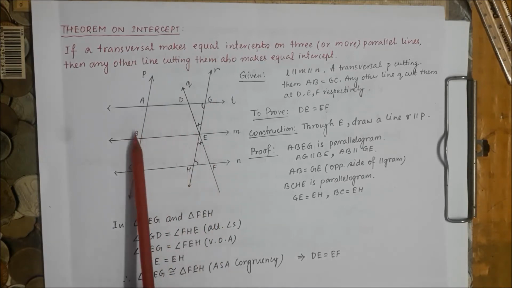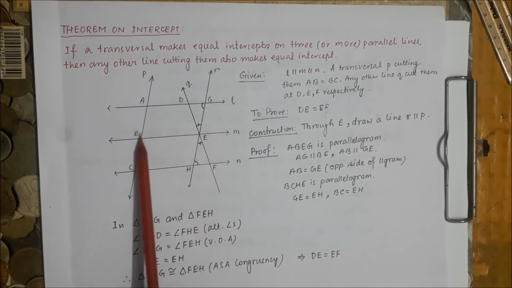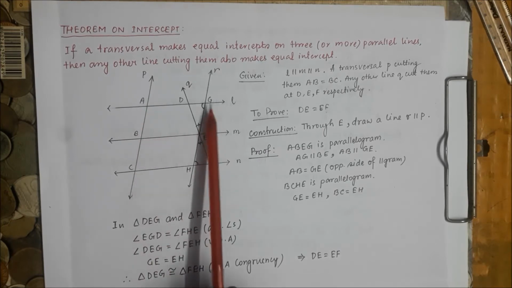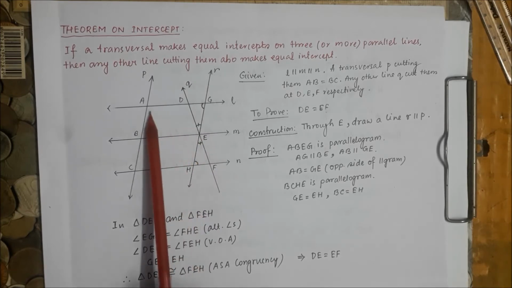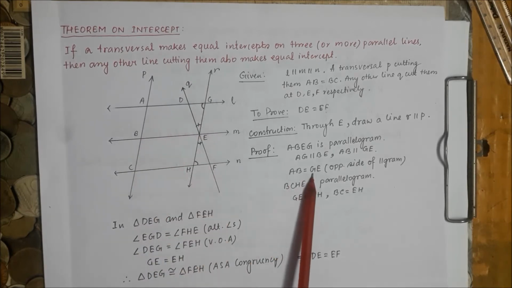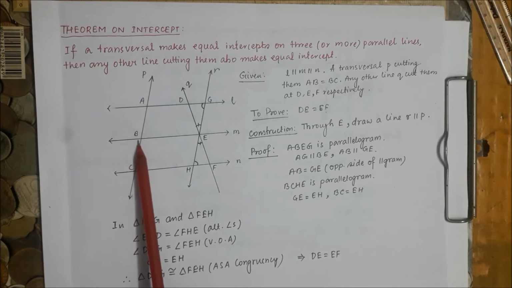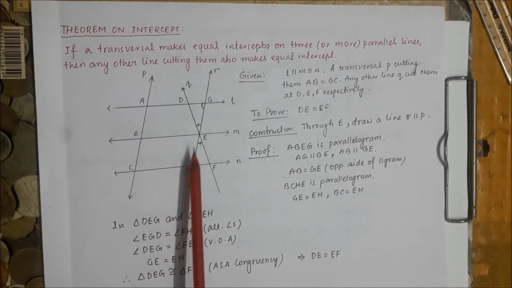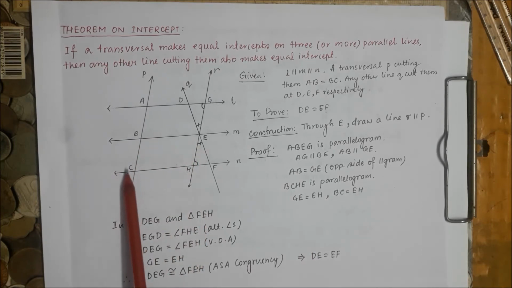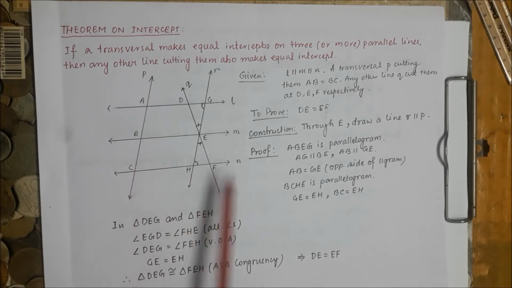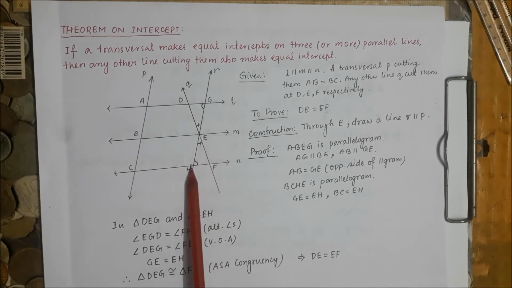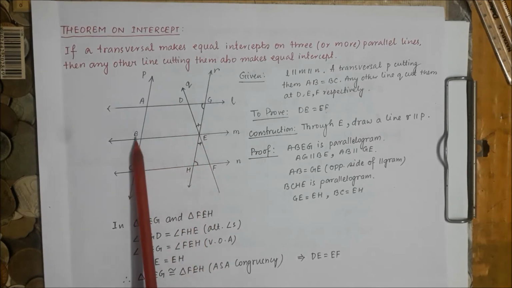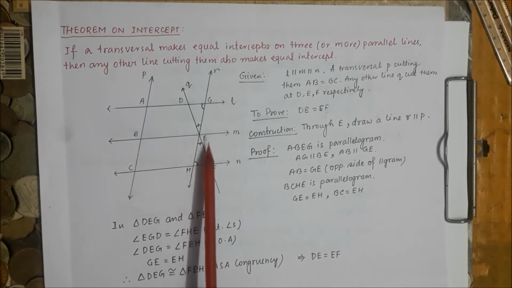So if it is a parallelogram, we can say that AB equals GE. Opposite sides of a parallelogram are equal, so AB equals GE. Similarly, BCHE is a parallelogram, so we can say that GE equals EH and BC equals EH.